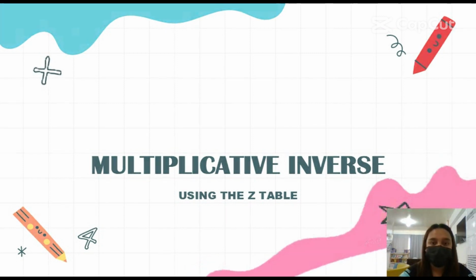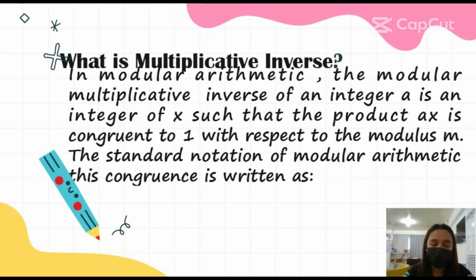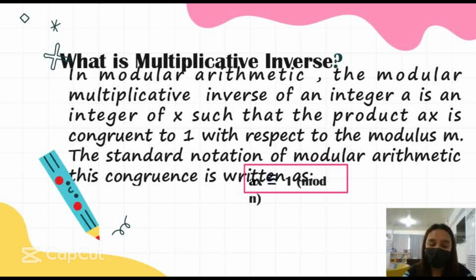So first, what is multiplicative inverse? In modular arithmetic, the modular multiplicative inverse of an integer a is an integer x such that the product ax is congruent to 1 with respect to the modulus m. In standard notation, this congruence is written as ax is congruent to 1 mod m.